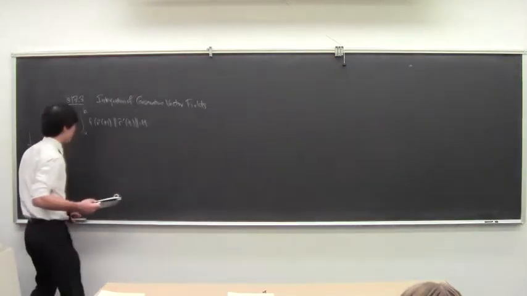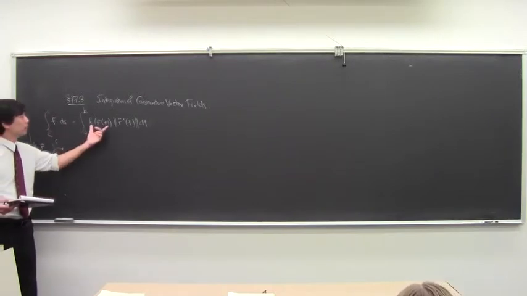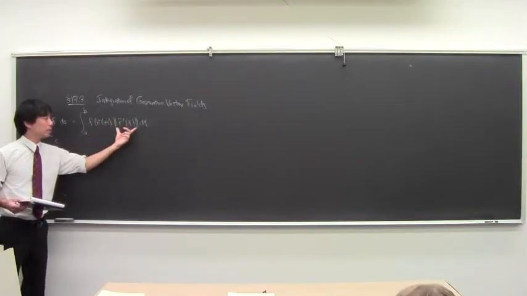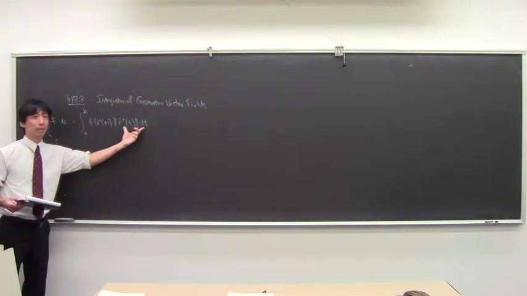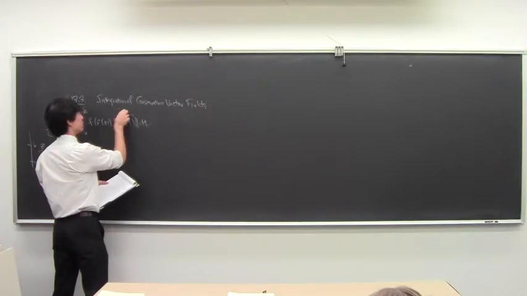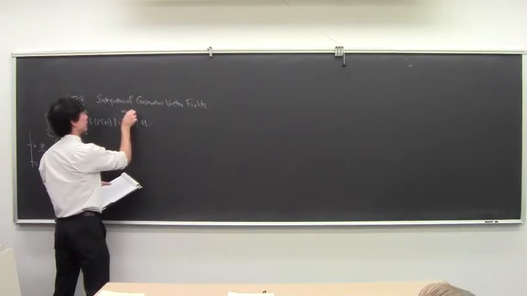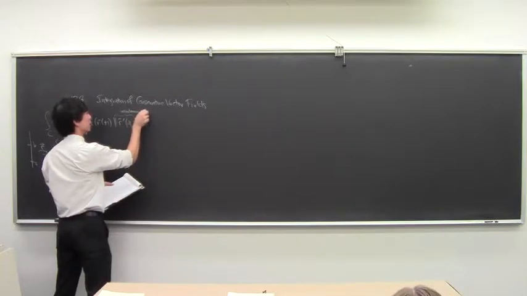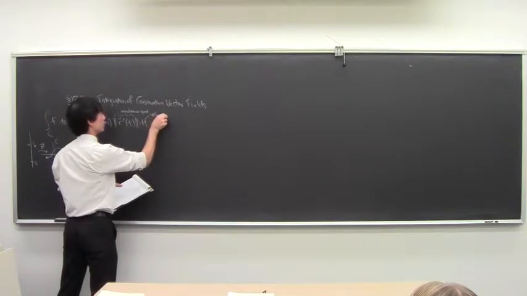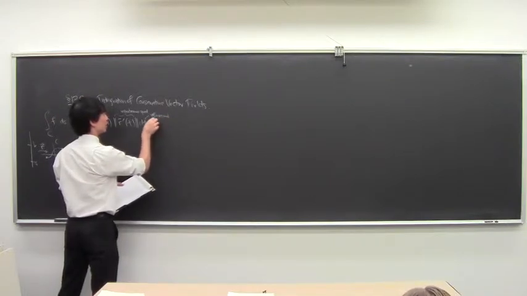Or to put it into English, you take the value of the function at a point on the curve, and then multiply it by the speed of the curve at that point times the change in time. In other words, the change in distance. This thing here is the instantaneous speed. This thing here is your infinitesimal amount of time.